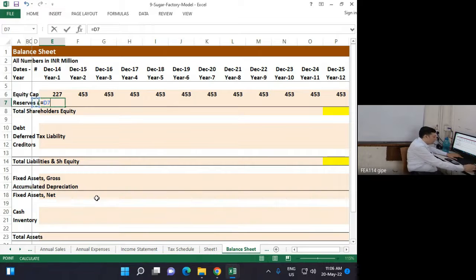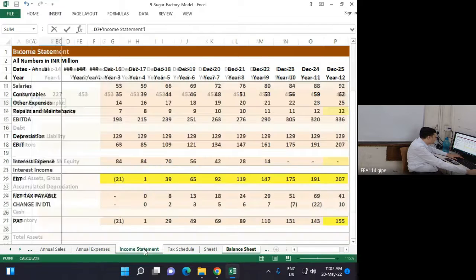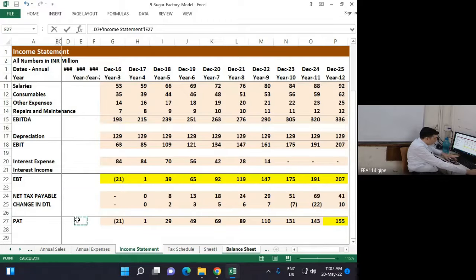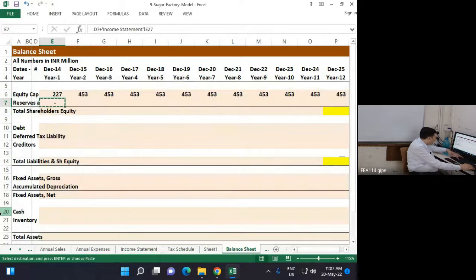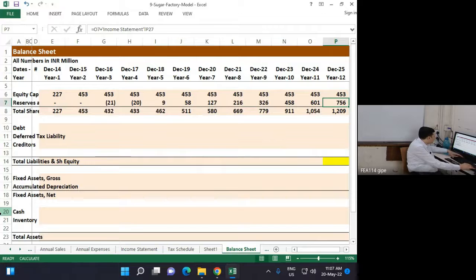Okay, let's see. Must be correct. You have done cumulative, right? Yes. Last year's reserve and surplus plus PAT for year 1. The total is coming out to 1209. Correct. Here's the formula for reserve and surplus for year 1.